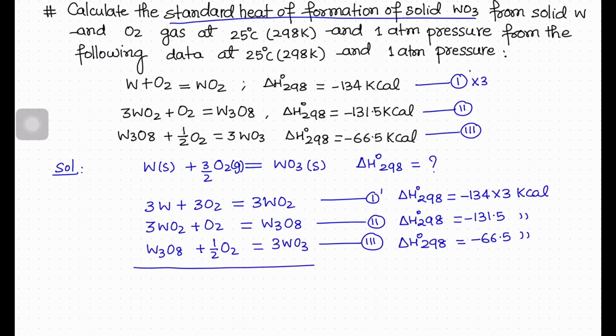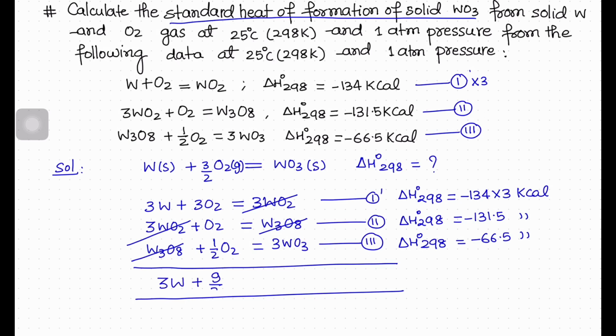Now we'll add them together. So WO2 will get cancelled out, W3O8 will get cancelled out, and what we are getting finally is 3W plus 9/2 O2 equal to 3WO3.